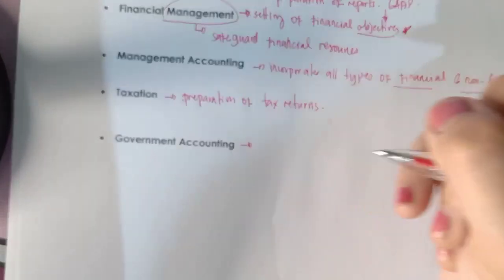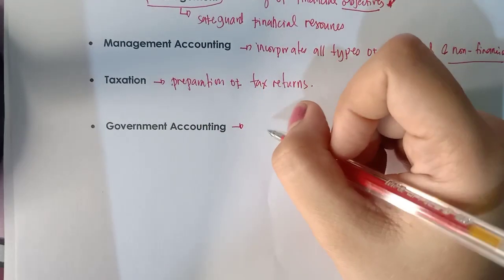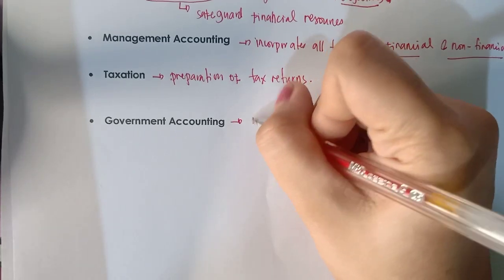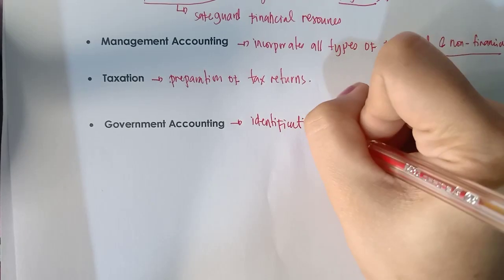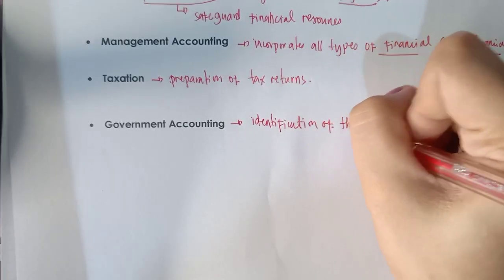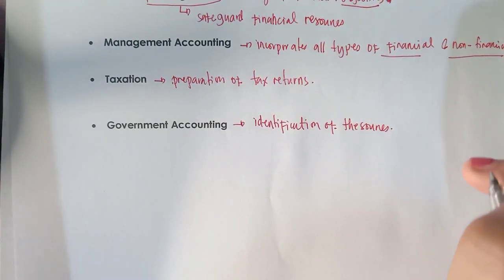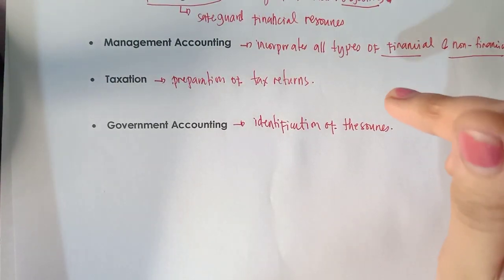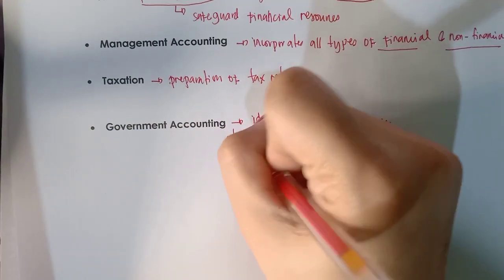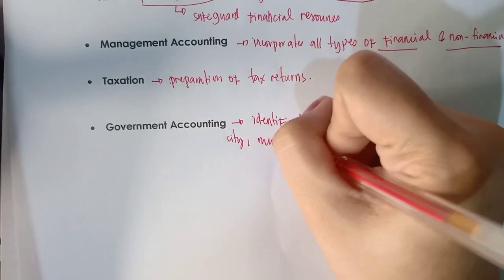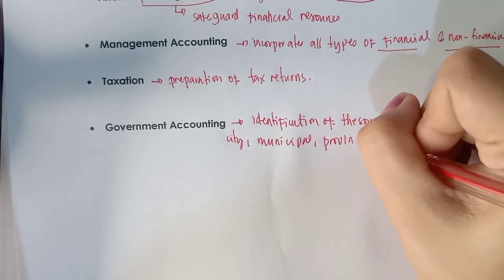And last but not the least branch of accounting is the government accounting. So, this government accounting, it is the identification of the sources. Identification of the sources, uses of resources, consistent with what? With the provisions of the city, municipal, provincial, and the national laws.